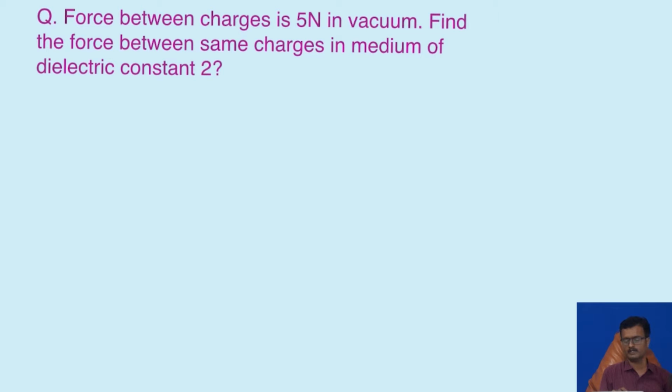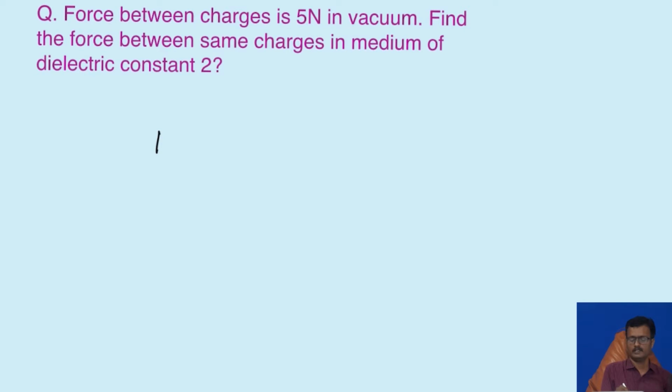The force between the charges is 5 newtons in vacuum. Find the force between the same charges in a medium of dielectric constant 2. See, K is given, that is 2.